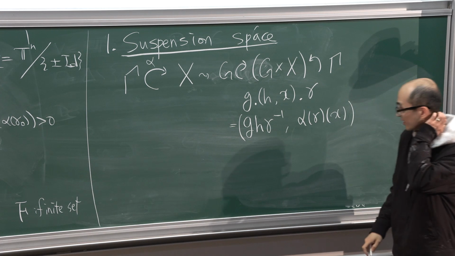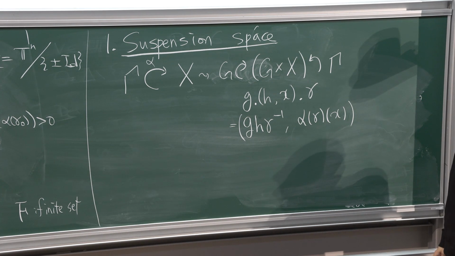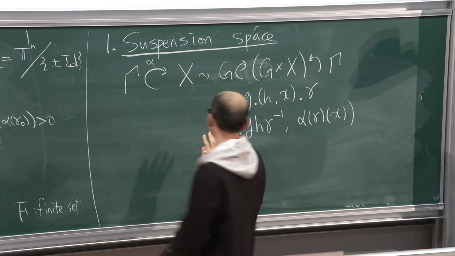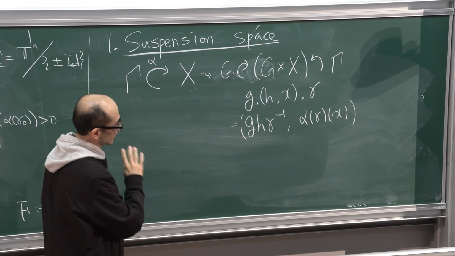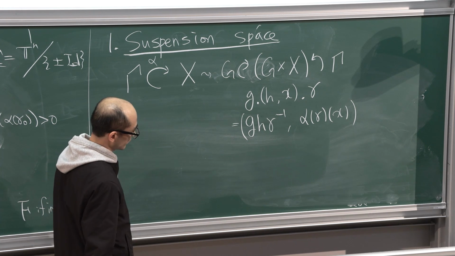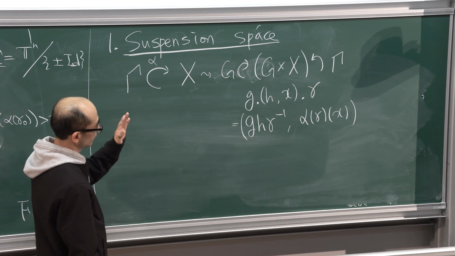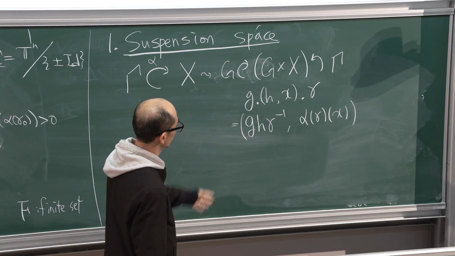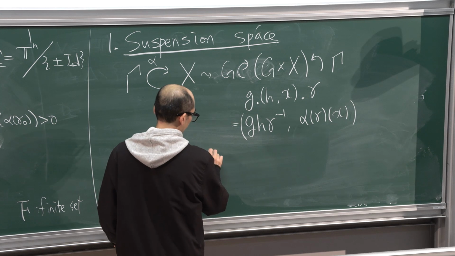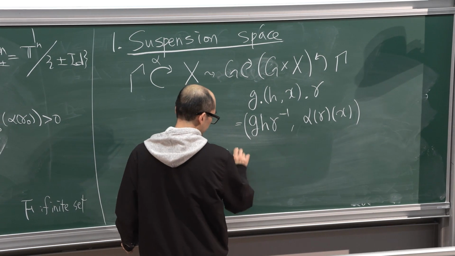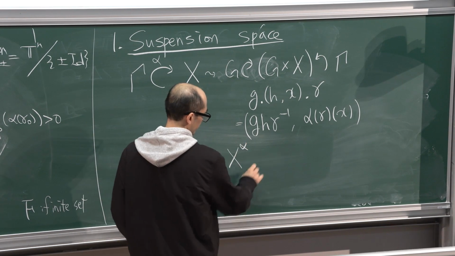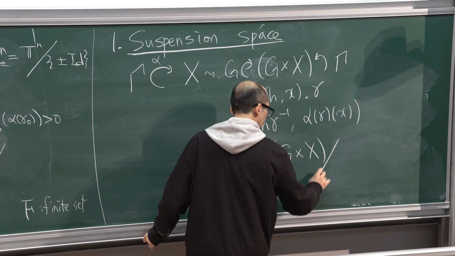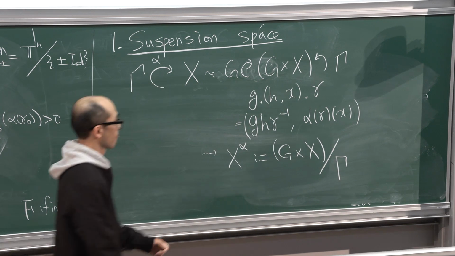I put various examples and exercises about the suspension in my exercise notes. It looks very weird at first, but it is quite convenient to work with. If you want, you can do the exercises so that you become familiar with this concept. Now what is the suspension space? The suspension space, which I call X_alpha, is the quotient by the right Gamma action.